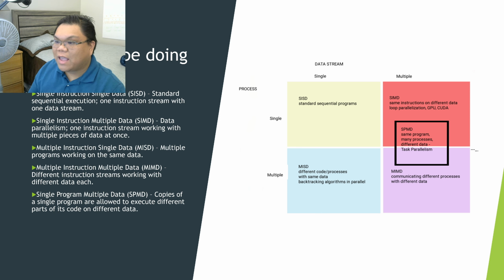Then there's MIMD, multiple instruction, multiple data. Different instruction streams each working with different data. There's also a 5th category. SPMD, single program, multiple data. Copies of a single program allowed to execute different parts of its code on different data.